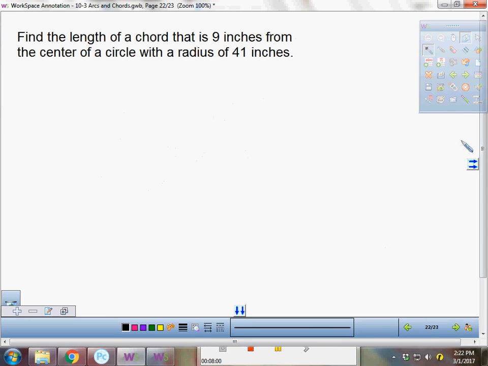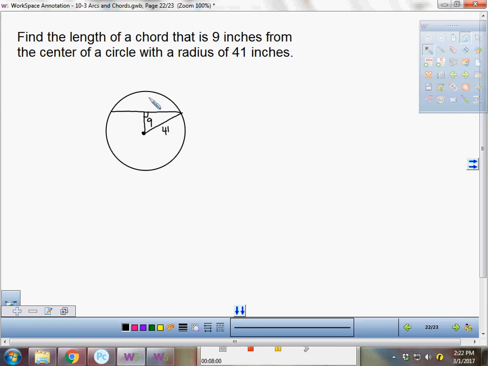All right, find the length of a chord. So again, we need another circle. It's 9 inches from the center. So we have a chord 9 inches from the center. And we have a radius of 41. Always draw your radius to try and make that triangle. So this is perpendicular.